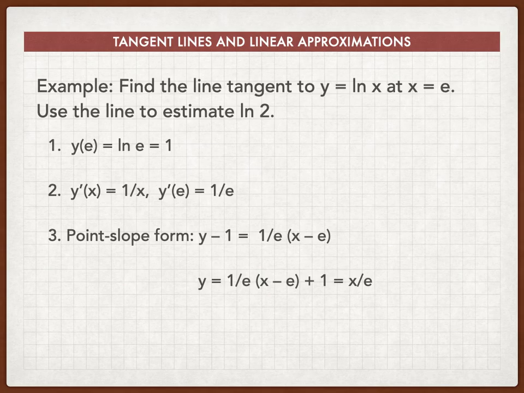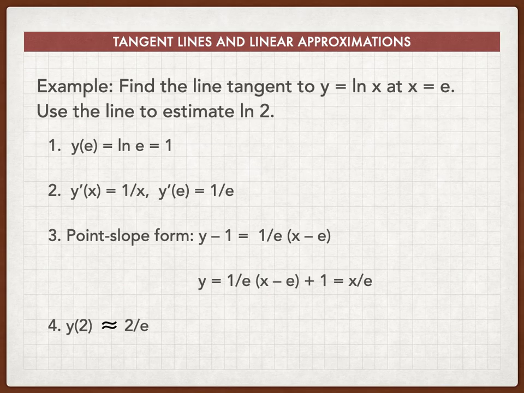The equation is y equals 1 over e times the quantity x minus e, plus 1. This can be simplified to y equals x over e. Finally, substitute 2 in for x. ln 2 is approximately 2 over e.